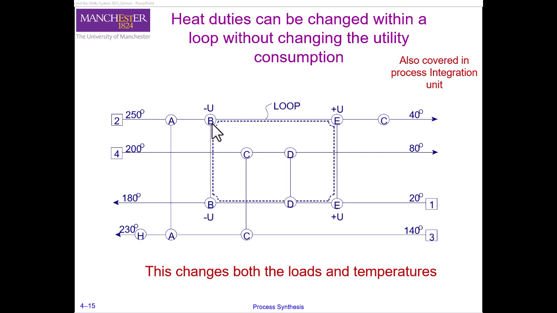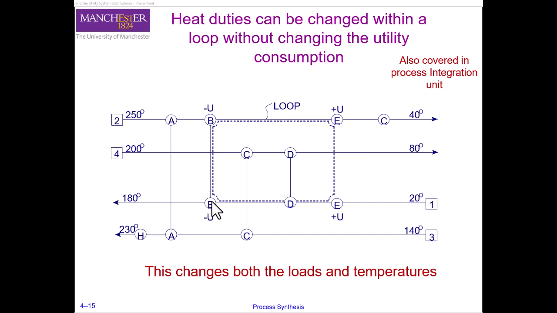So for example, here we have this exchanger B, and we can reduce its duty by minus U. If we are reducing it on this stream, we have to reduce it here as well by minus U, because that is actually one exchanger that is transferring heat between stream 2 and stream 1.